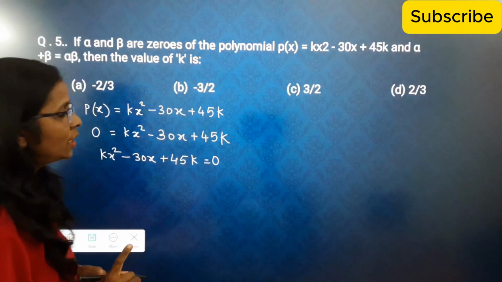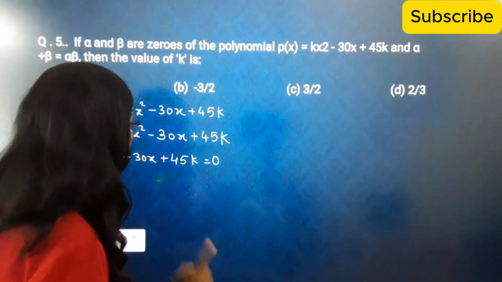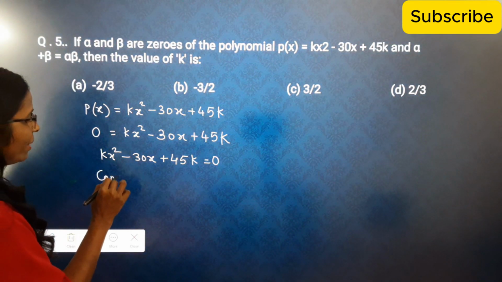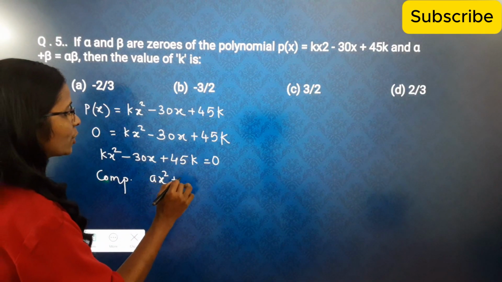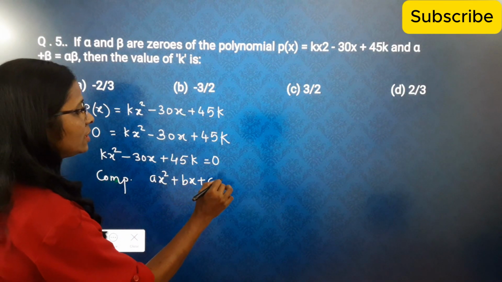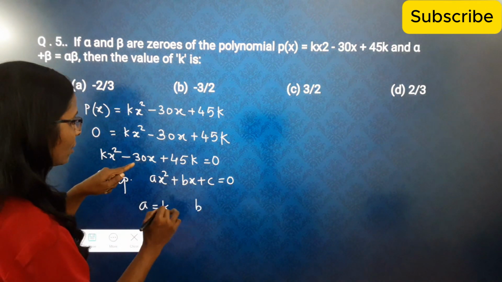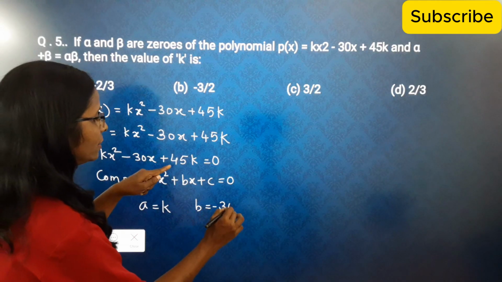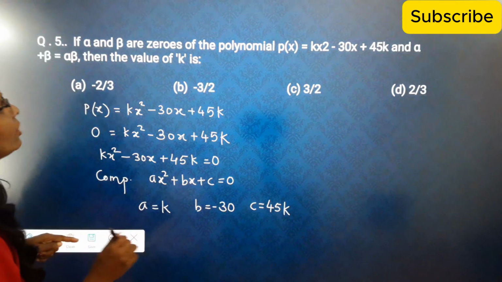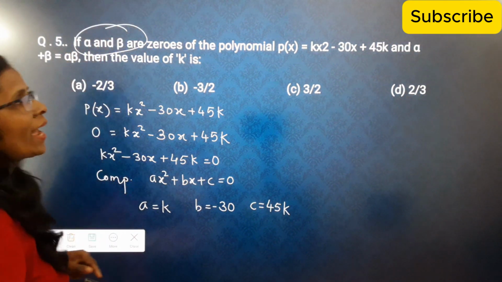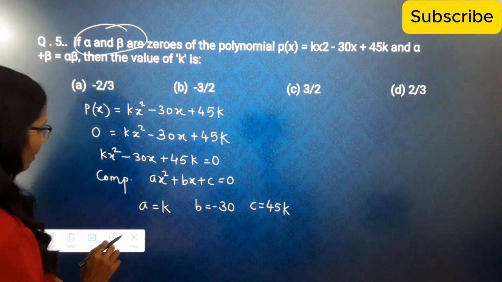Okay, so this is in the general form of the quadratic equation. Here we compare this equation with the general form ax square plus bx plus c is equal to 0. That means a is equal to k, b is equal to minus 30 and c is equal to 45k students. Now alpha and beta are the zeros of the given polynomial.